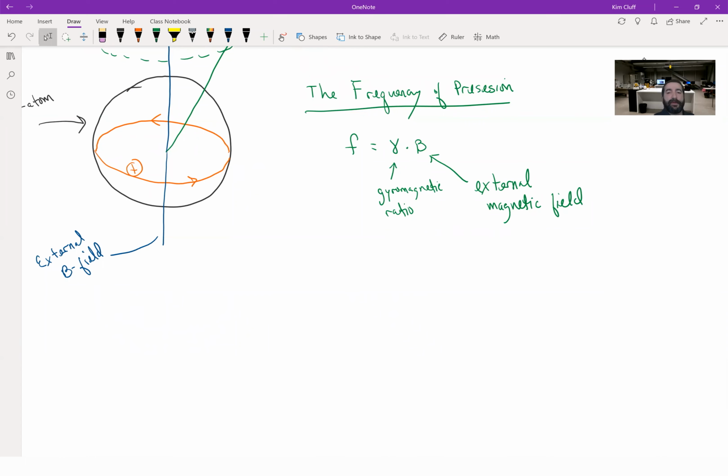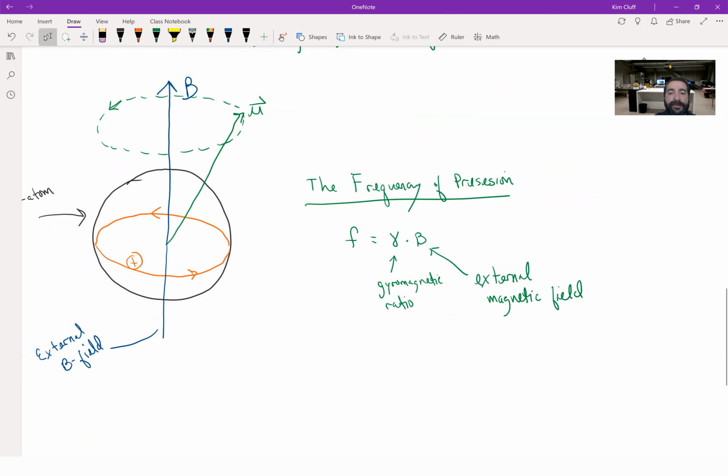So the frequency at which it will precess, and remember, frequency is really nothing but cycles per second, so how many times it goes around in a second, right? Can be calculated as the gyromagnetic ratio times the external magnetic field.